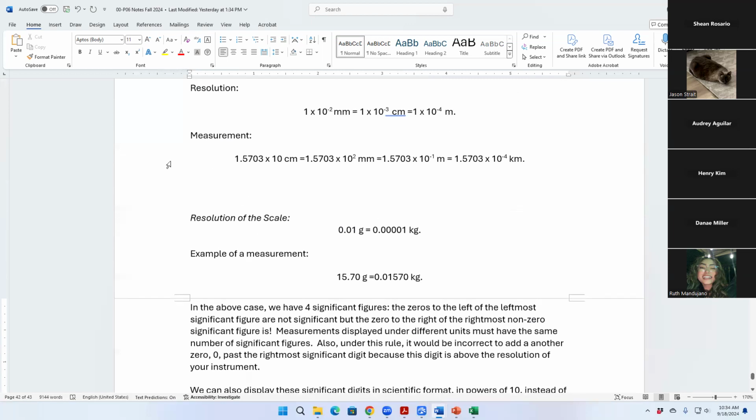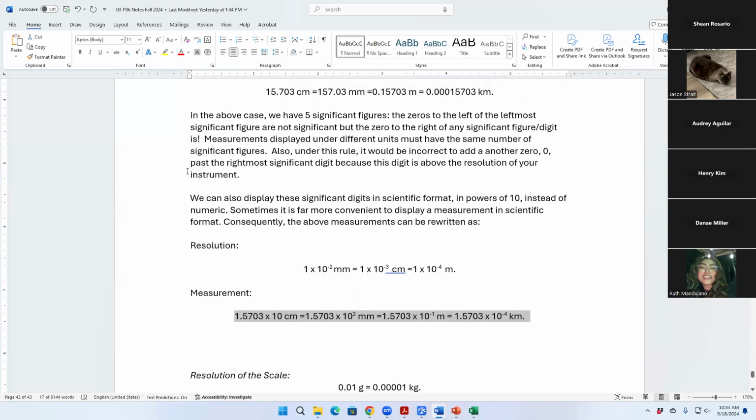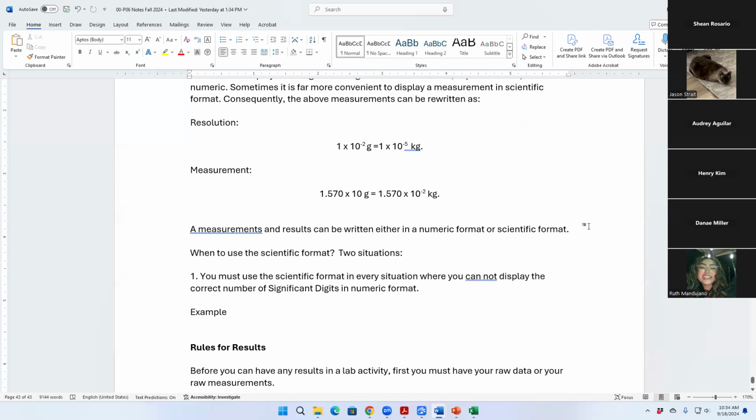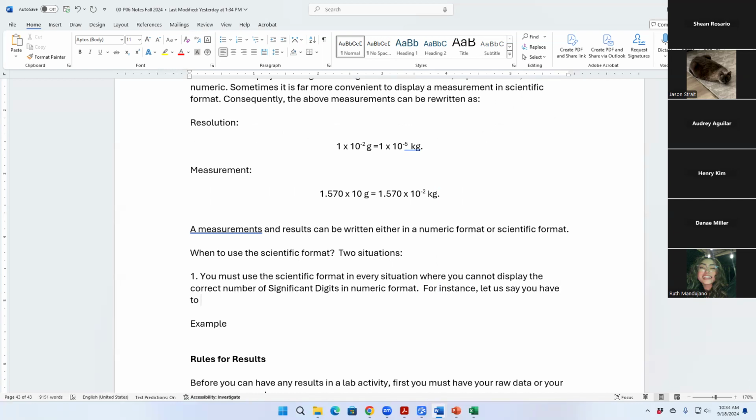Suppose this one right here. Okay? Suppose that you want, for instance, to display the following measurement in microns with the right number of significant digits.